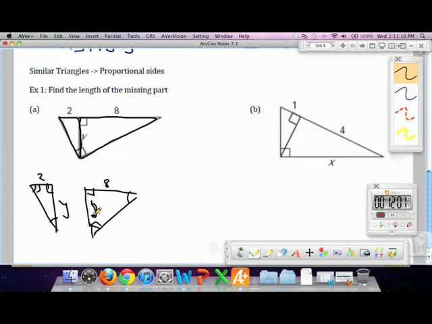if we label in the corresponding angles, we have this angle is congruent to this angle, and this angle. Those angles are the same, and those angles are the same. So what sides correspond to each other?